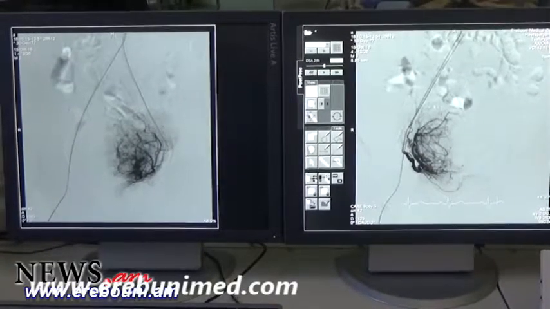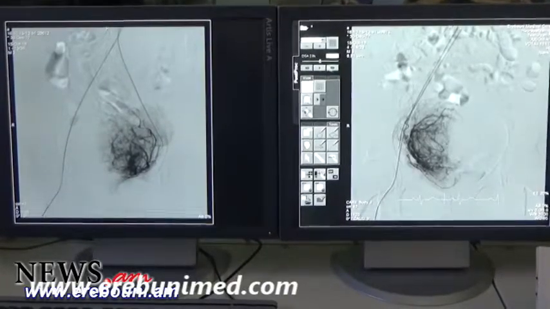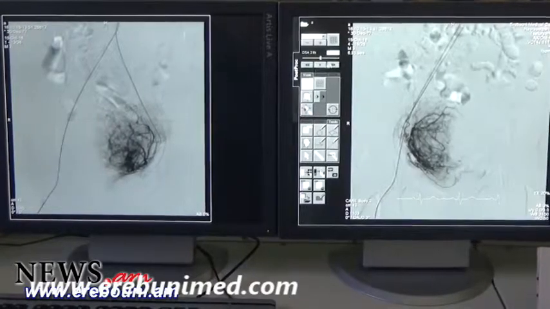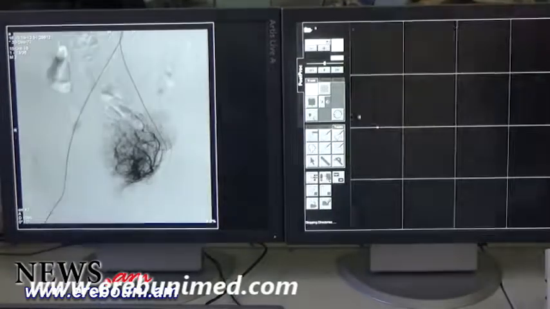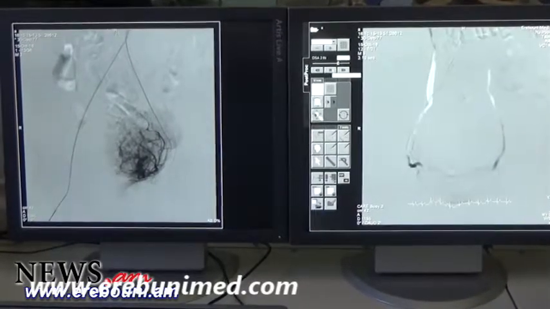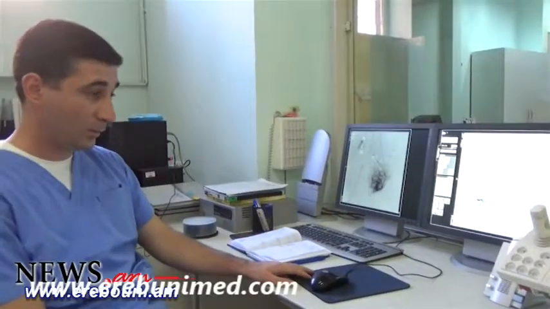Exactly the same, the right uterine artery should look at the end of the procedure. Here you see the first basic angiography. The right uterine artery and its branches are quite pronounced and the arterial network is very peculiar to uterine fibroids. The final result is that the network, which is visible on the first image, will disappear.